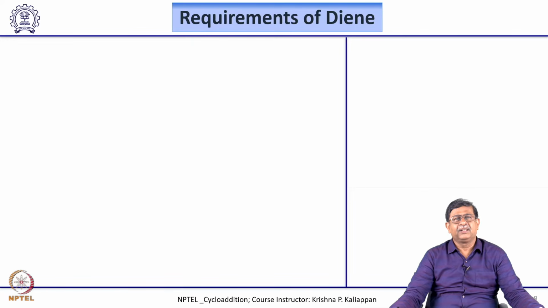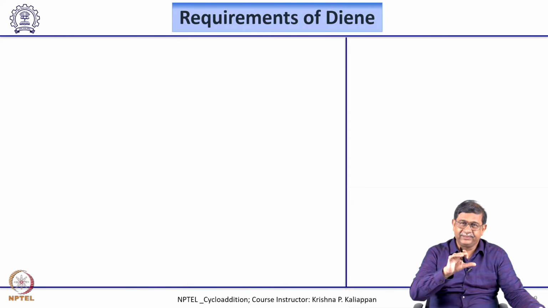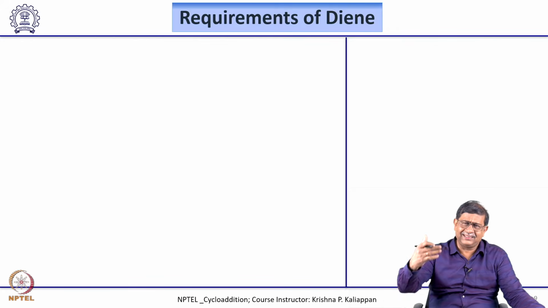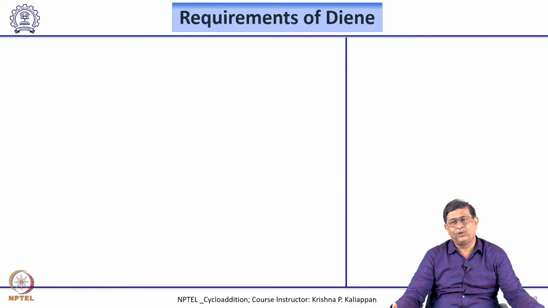So now when we talk about further, you need a diene and you need a dienophile to undergo intermolecular Diels-Alder reaction. Now let us see what are the criteria for a diene to undergo Diels-Alder reaction.